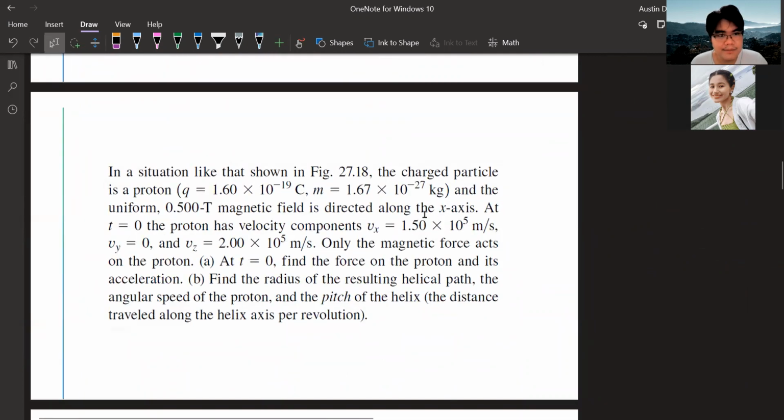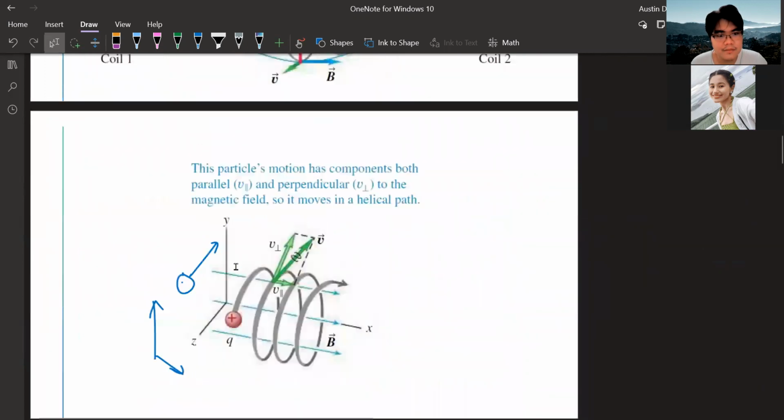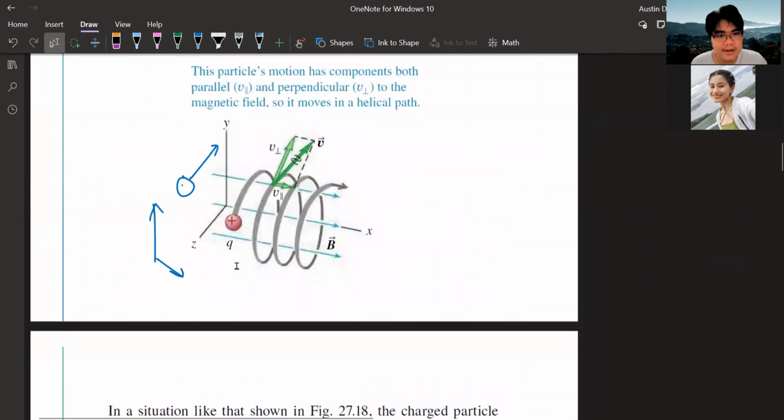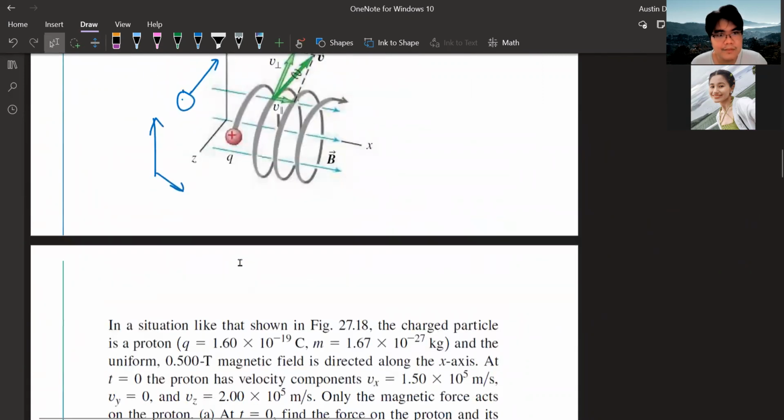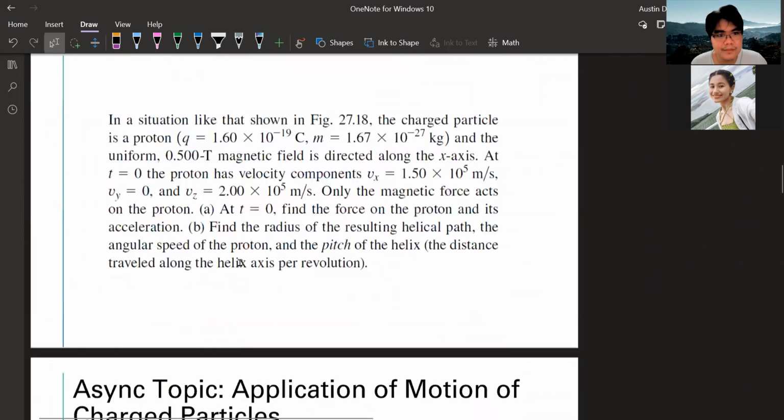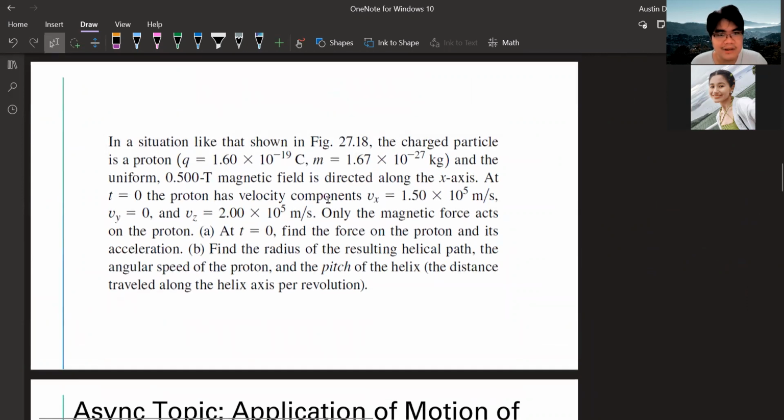Okay, let's do this example. Hindi ko alam actually yung final answer, but let's just set up the equations that we need.